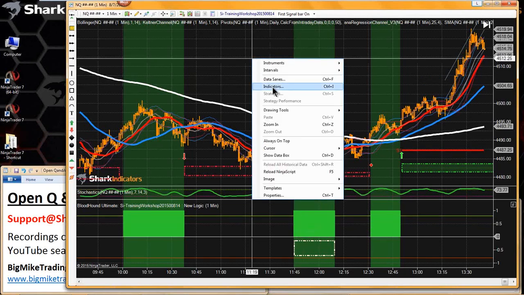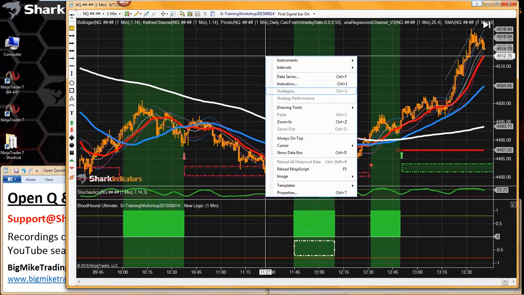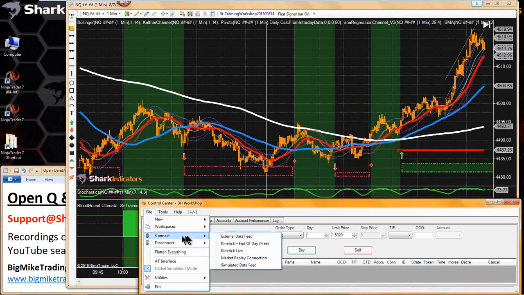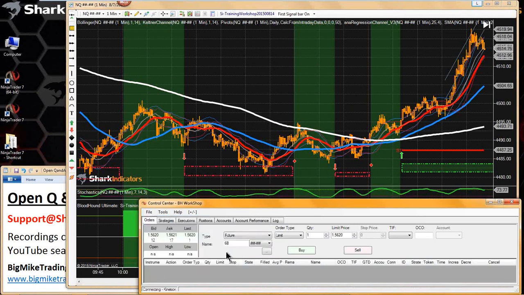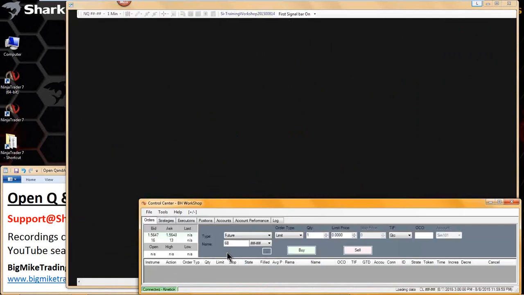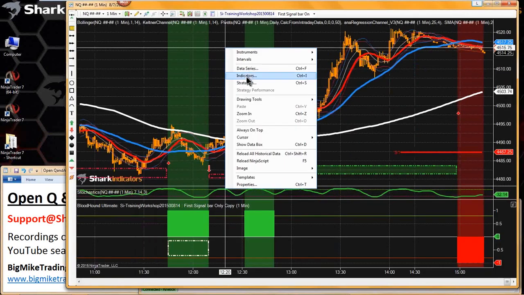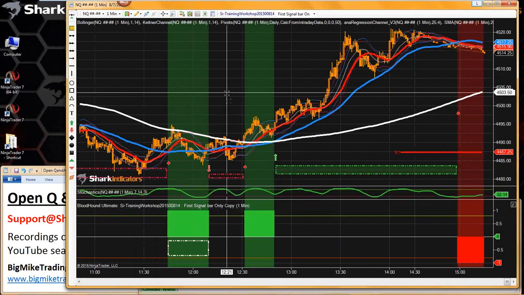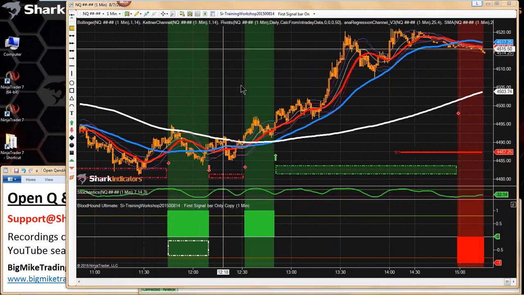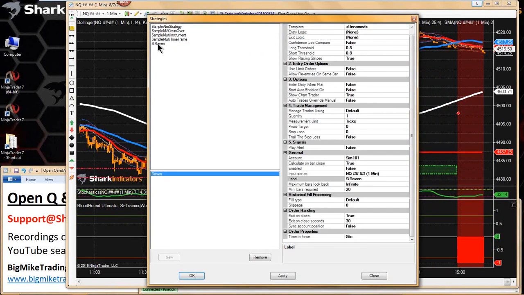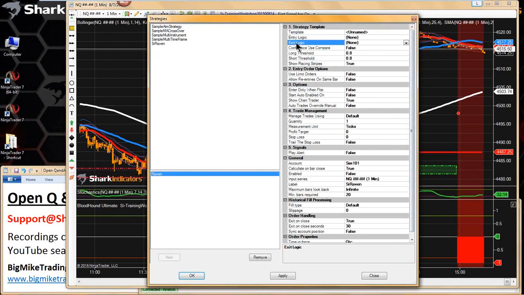Just to get into this a little bit. Oh, looks like my data feed is gone. Let's connect this back up and get my data feed going. If you're using this as an exit in Raven, this exit logic only exits the trade. It only puts the trade flat.